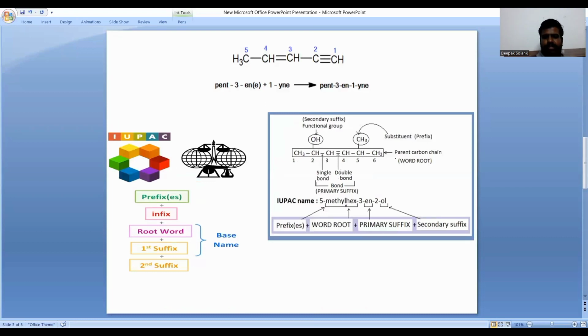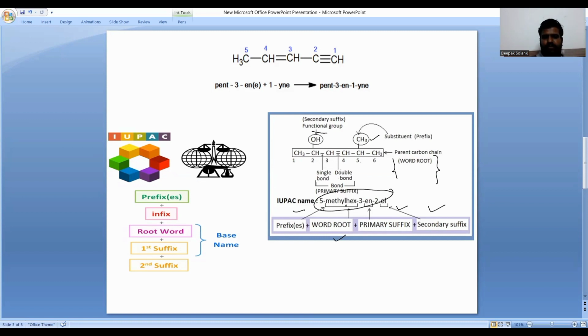This is the parent carbon chain, known as word root. Single bond is there. This is the primary suffix: single bond, double bond. The secondary suffix is the functional group. And the substituent is CH3. So prefix plus word root plus primary suffix plus secondary suffix will give the whole formula.